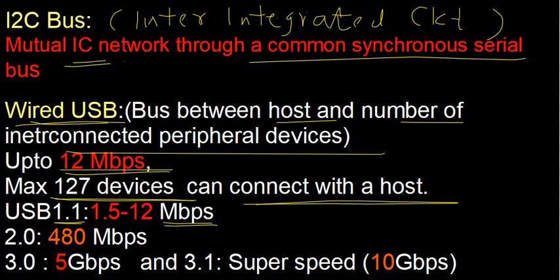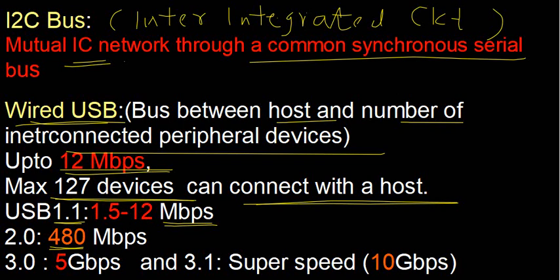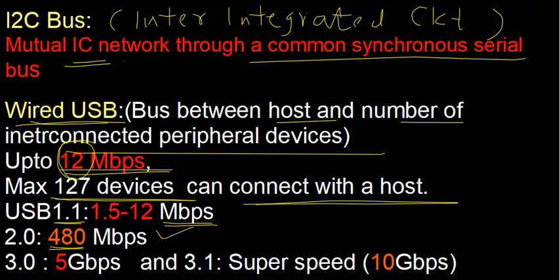Then USB 2.0, which we are all very familiar with nowadays. It can go up to 480 Mbps. Please look here, up to 12 Mbps I had mentioned, but the USB 2.0 standard gives us an operating speed up to 480 Mbps.